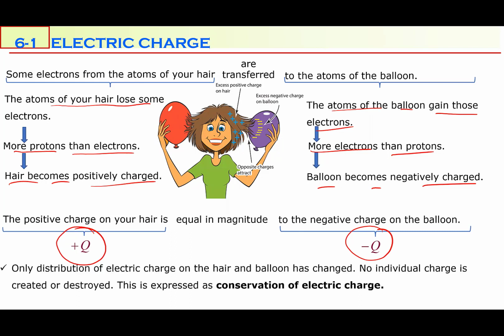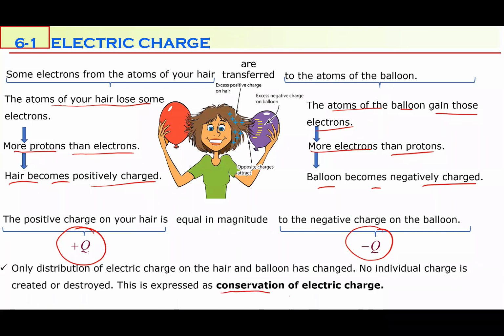This in physics is called conservation of electric charge. That is, you don't create a charge and you don't destroy a charge. You only transfer the charge from one substance to the next. Whatever the total charge is in the beginning, at the end of this transfer the sum of the charge will be the same.